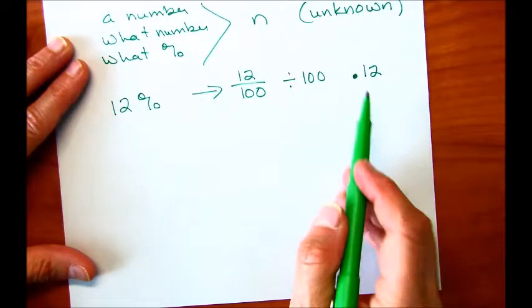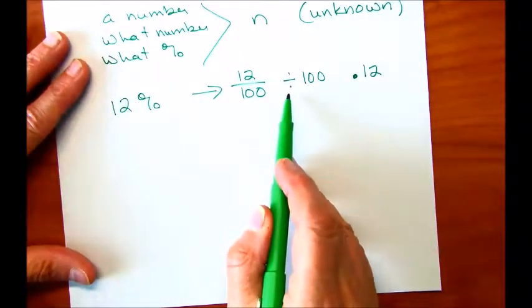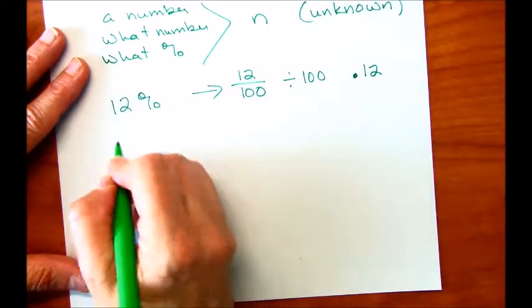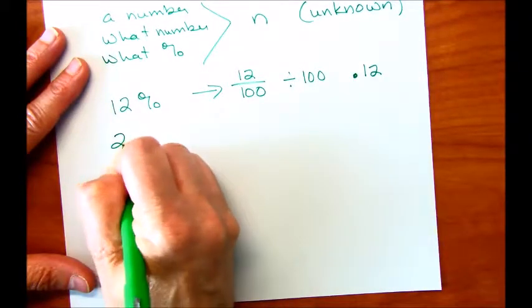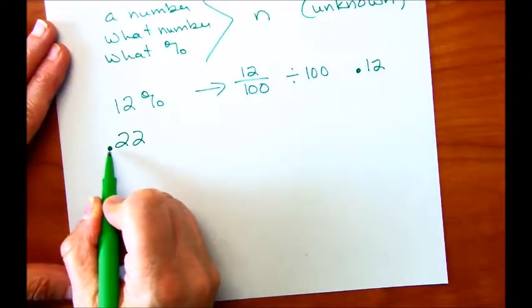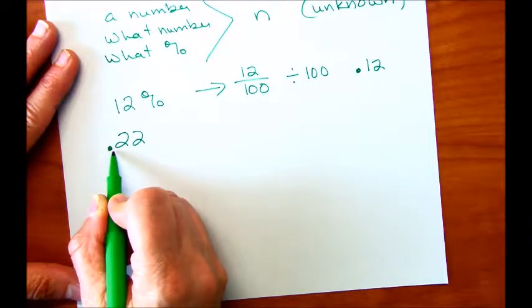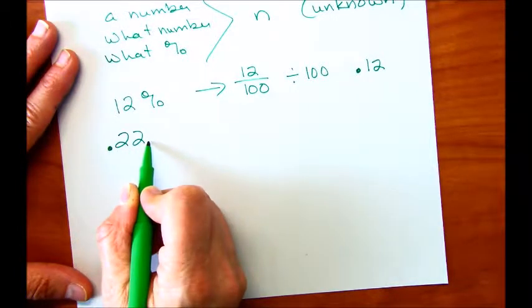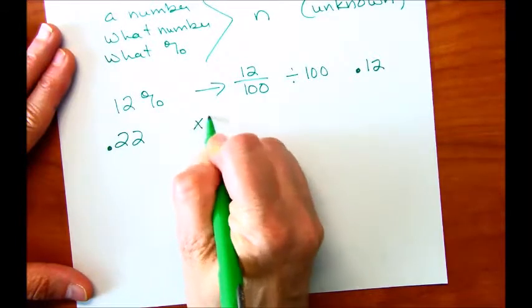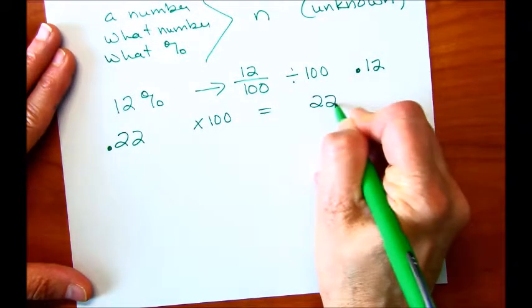Now, to change a decimal to a percent, we're going to do the opposite of dividing. We're going to multiply by 100. So if we have 22 hundredths, or 0.22, and we want to convert that to a percent, we're moving the decimal point over two to the right, or basically multiplying by 100, and that would give us 22%.